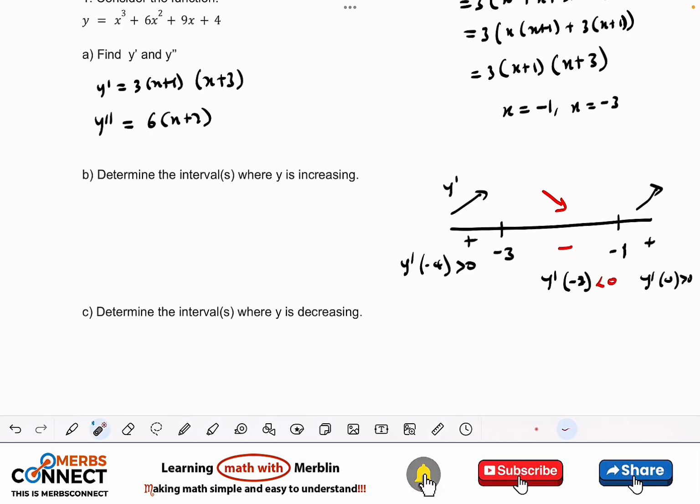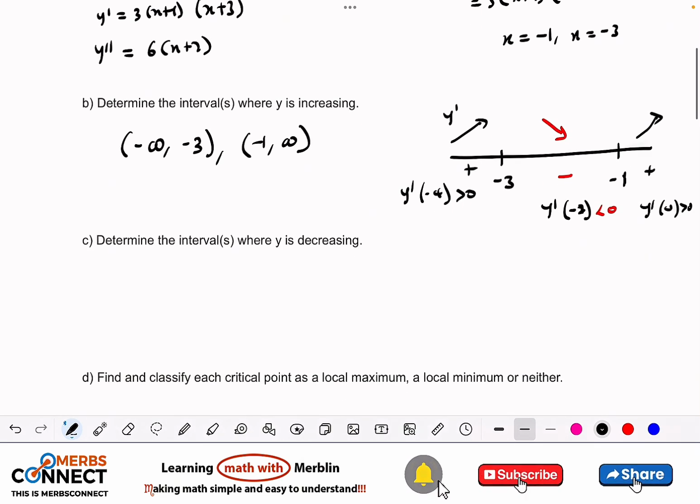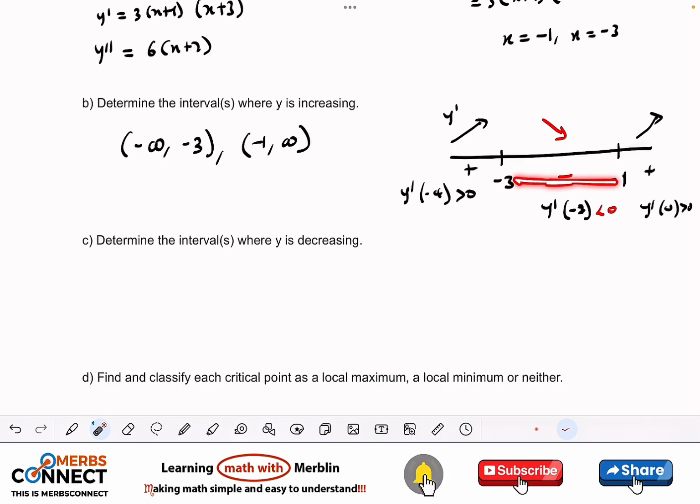So what is the increasing interval? It's just at this point and at this point. So increasing interval is negative infinity up to -3, and then from -1 to positive infinity. That will be the increasing interval. So C is looking for the decreasing interval, which is between -3 and -1. Good.